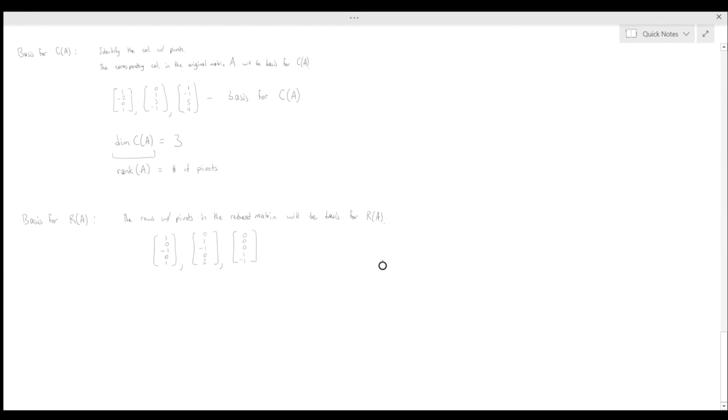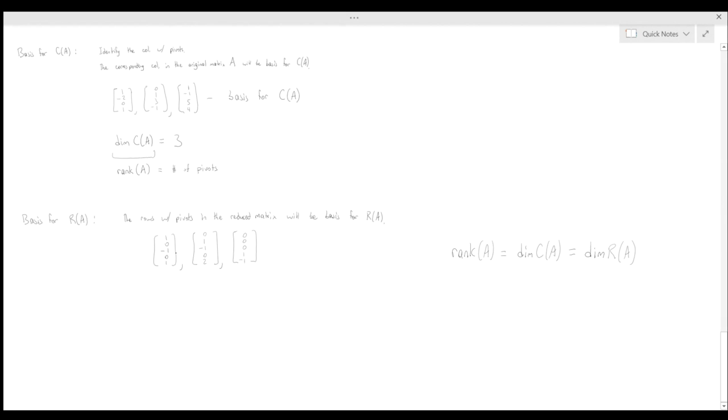And then something that's worth noting is that the rank of A, as I noted earlier, is the dimension of the column space. But you'll also notice that it's also going to be the dimension of the row space as well, because you can also get a basis for the row space by taking the row pivots.